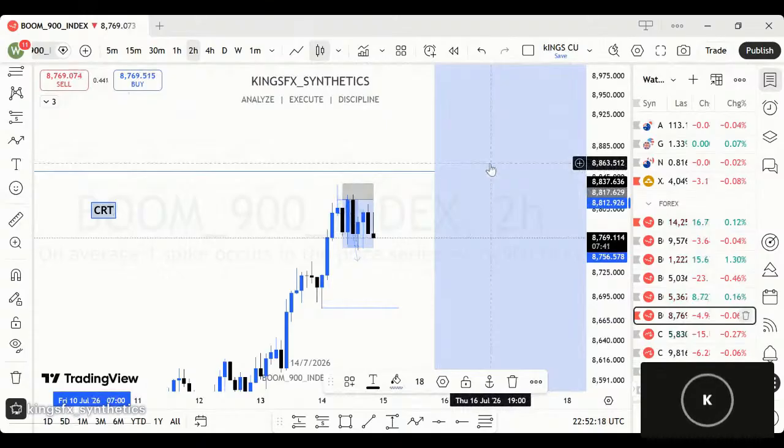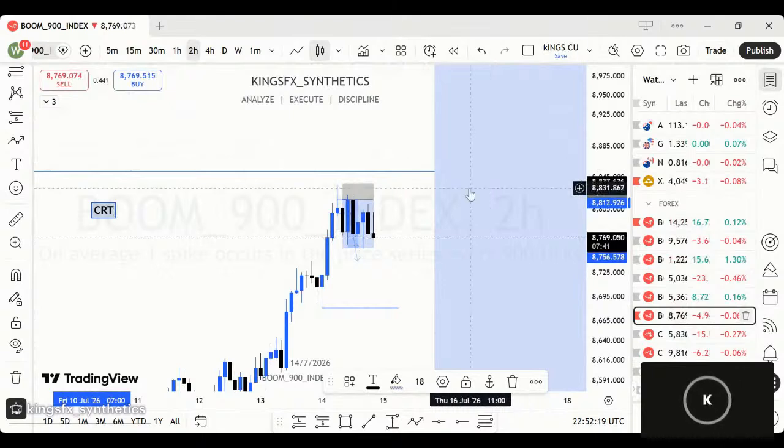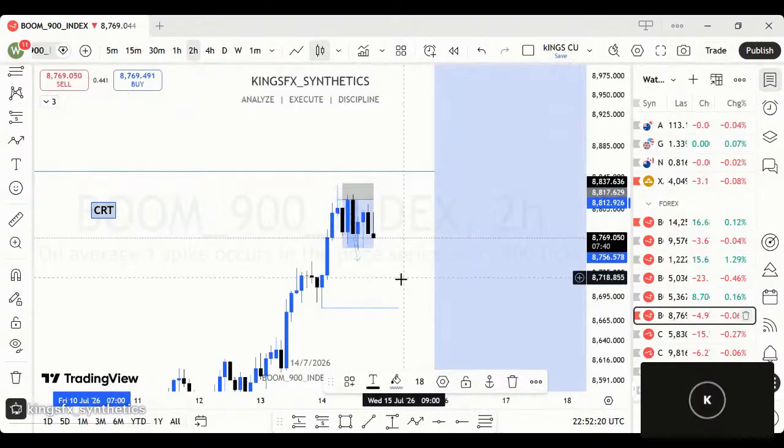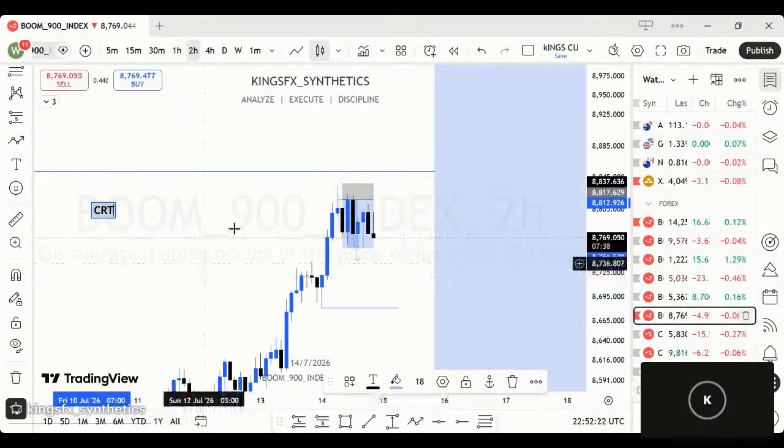Okay, so CRT, candle range theory, is a situation whereby you have a bearish candle. Let's take this to be a bearish candle, like this, and that candle has, let's say, a wick.